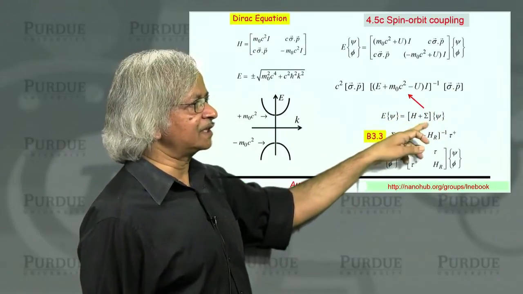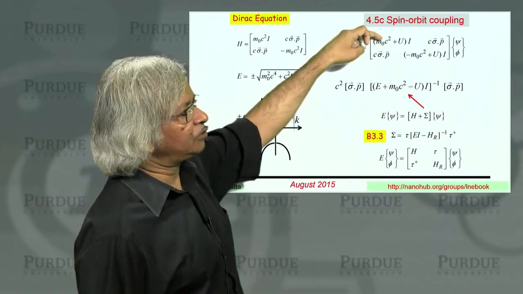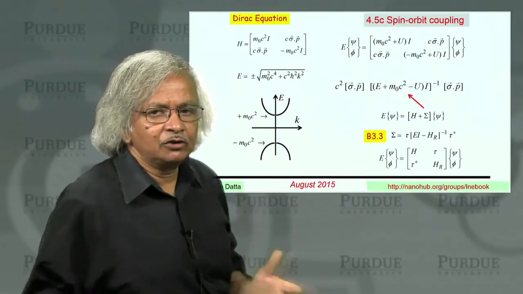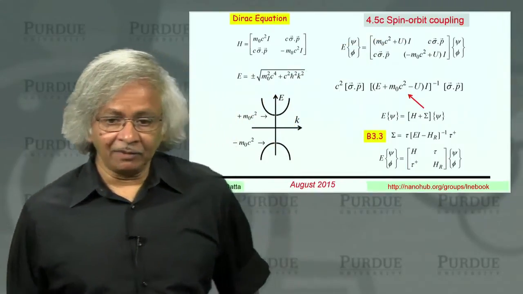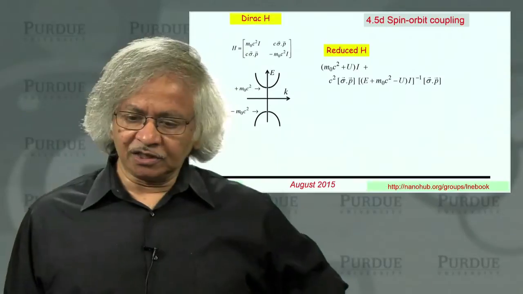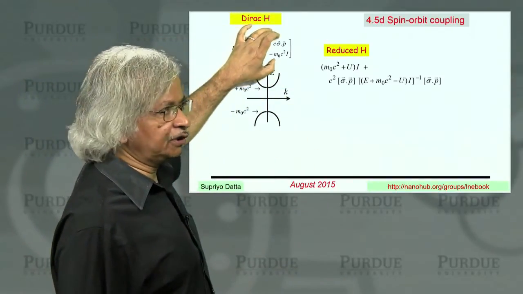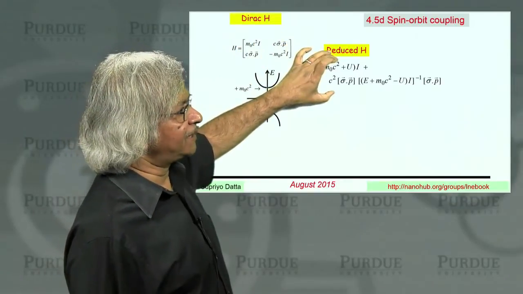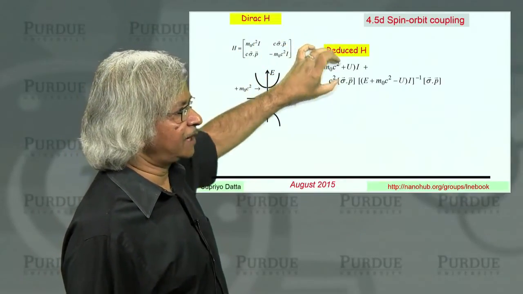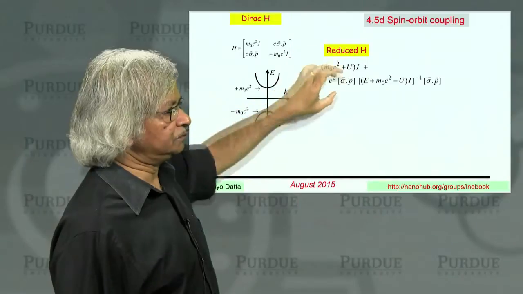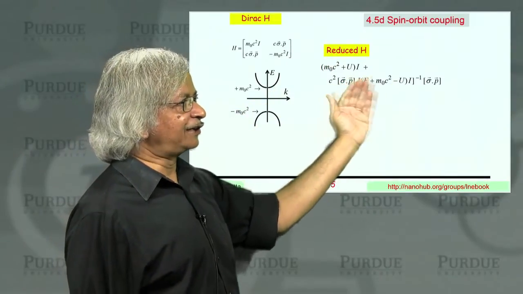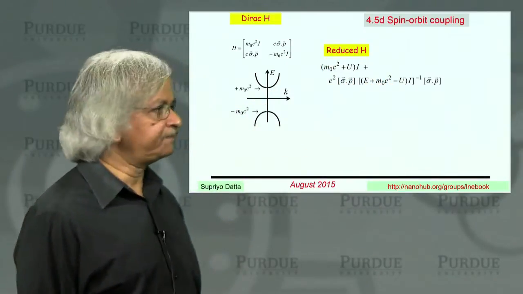That would be the sigma, and this we could add to whatever we had here, and that would be our effective Hamiltonian. But now it would be 2 by 2 instead of 4 by 4. So instead of the actual Dirac Hamiltonian, which is 4 by 4, you could use this reduced Hamiltonian, which is 2 by 2, where we have added in this tau G tau dagger type of term.